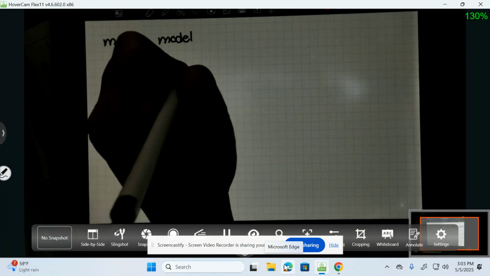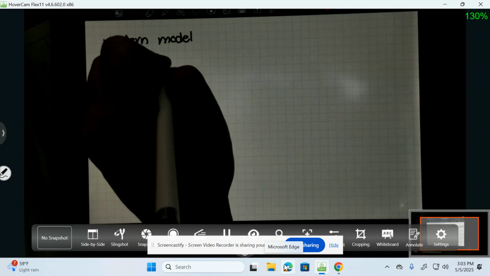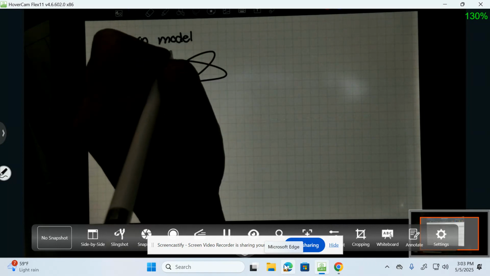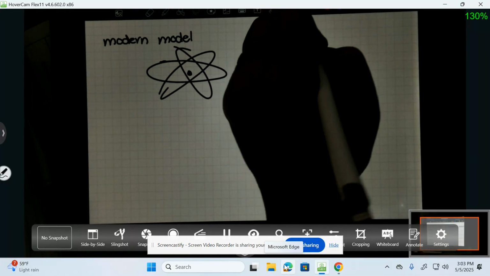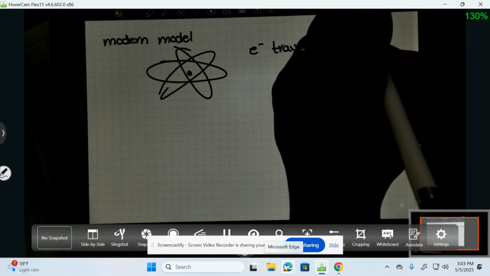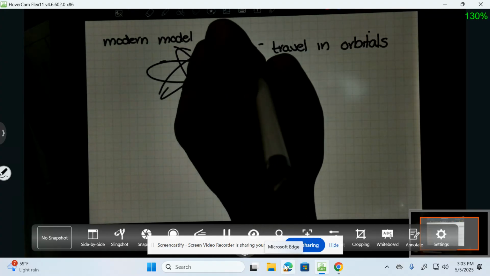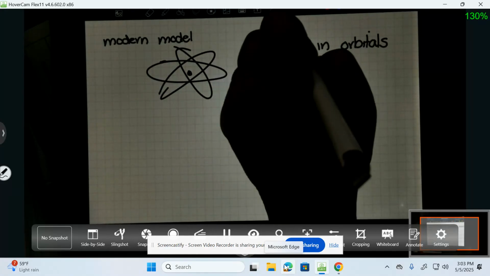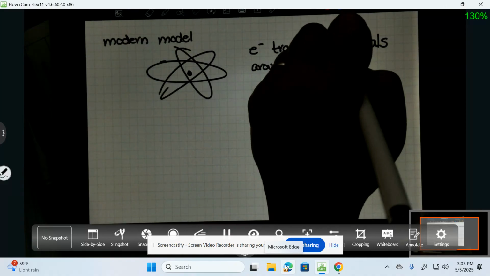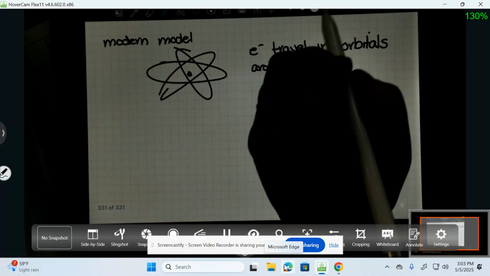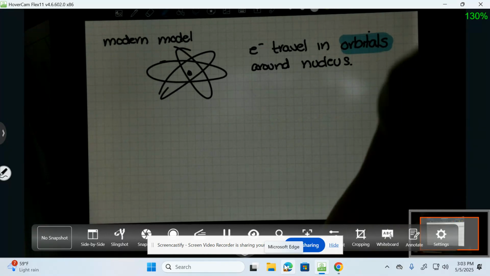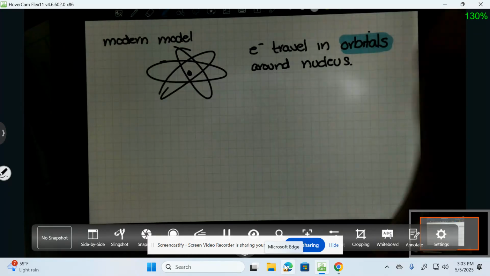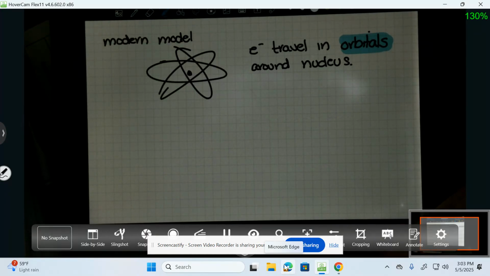In the modern model, you have a nucleus, but the electrons are traveling in orbitals around the nucleus. Not orbits. They're not traveling like planets around the sun, staying on the same path. They could be anywhere in a three-dimensional shape.